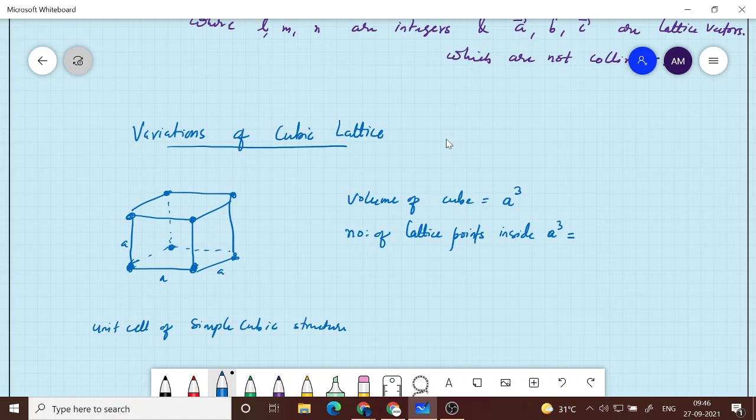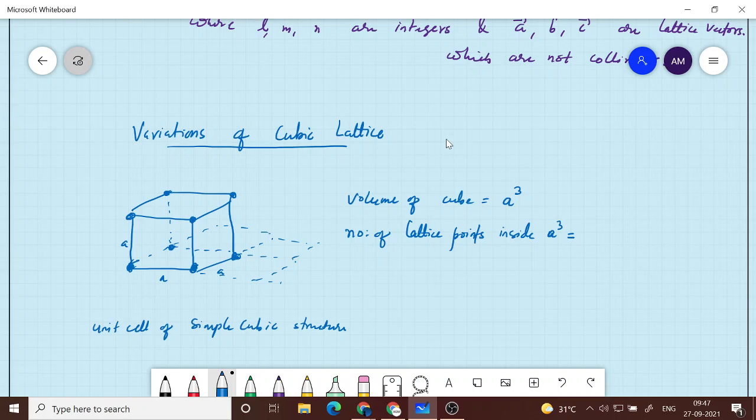if you look at each lattice point, these do not entirely belong to this cube. Each lattice point at the corner is shared by 8 such unit cells. This is one of them, and then this is another, and another. For this particular cube, 4 are sharing from downward and 4 from upward.